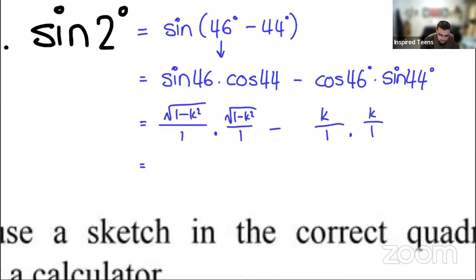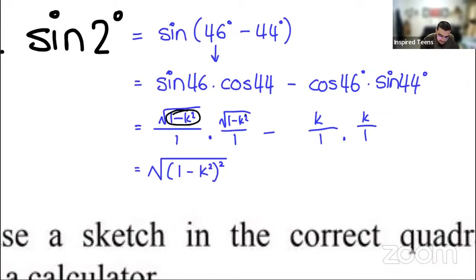So in this case, this becomes the square root of 1 minus k times 1 minus k, which is basically 1 minus k squared. If you don't understand that shortcut, let me know.